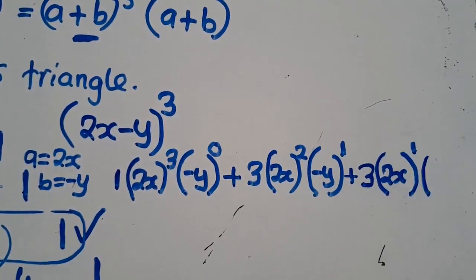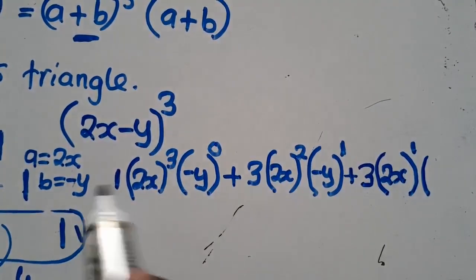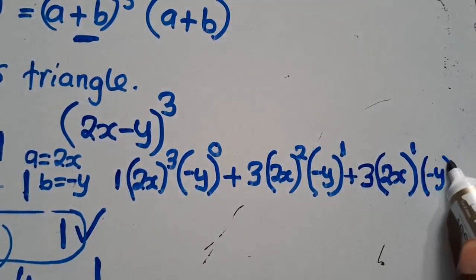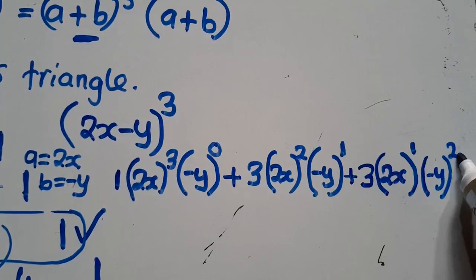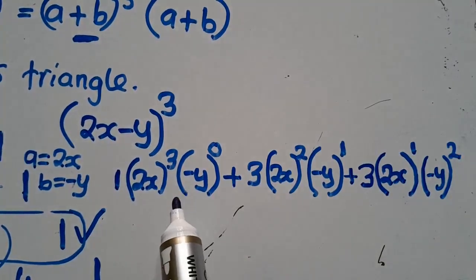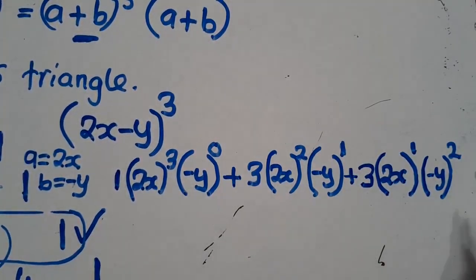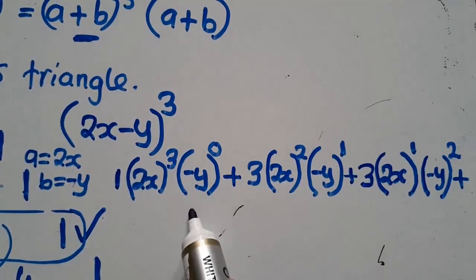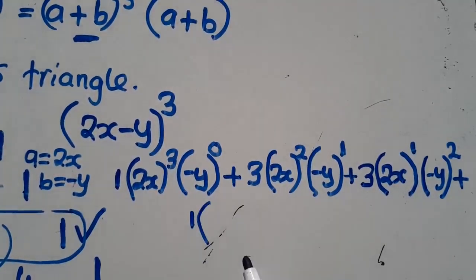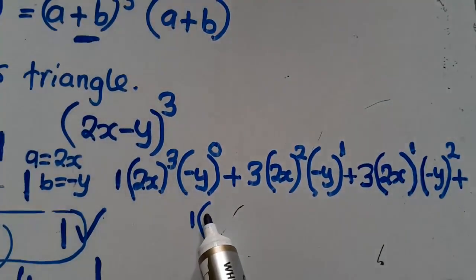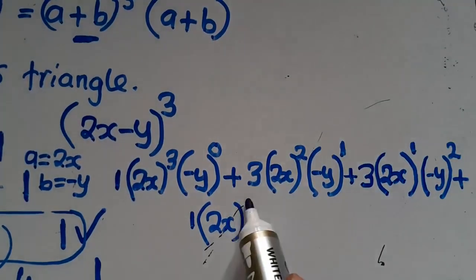Then what is your B? Negative y will have power 2. So A is reducing, B is increasing. Then you say plus. The coefficient there is 1. So I say 1, then open bracket. What is my A? 2x. It will have power 0 now.